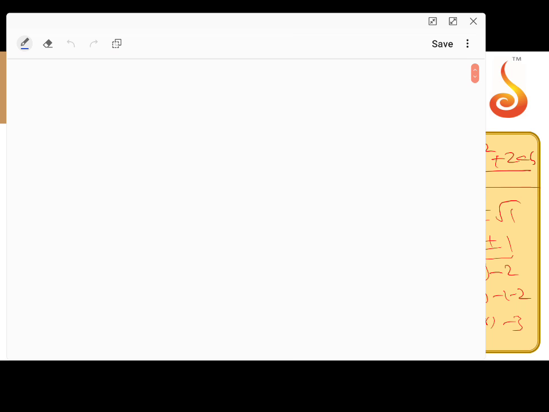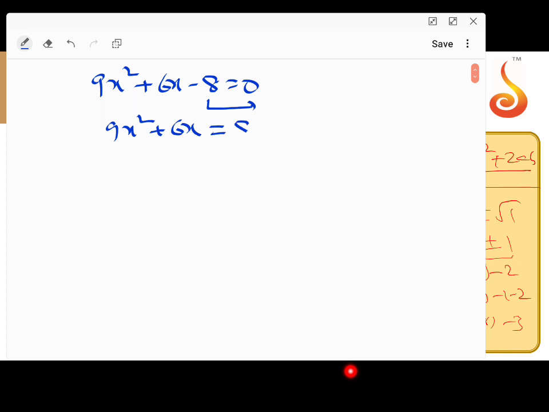Now let us take the second equation: 9x square plus 6x minus 8 equal to 0. First, as I told, take minus 8 to the other side. 9x square plus 6x equal to 8. The first two terms we write in the form of a square plus 2ab.